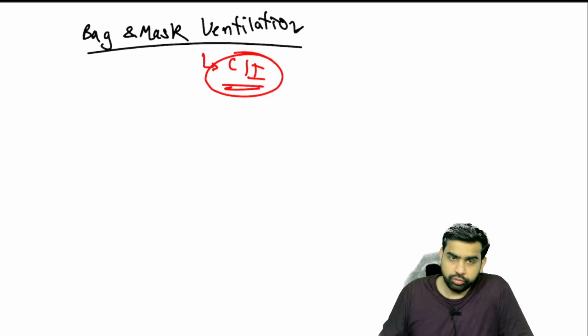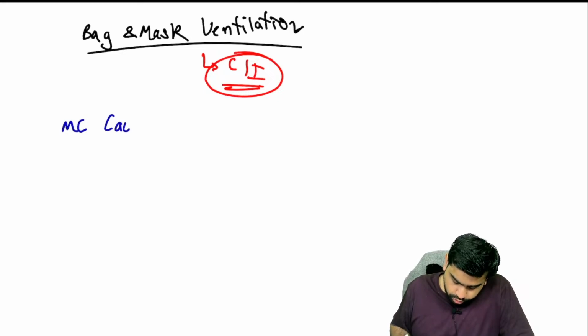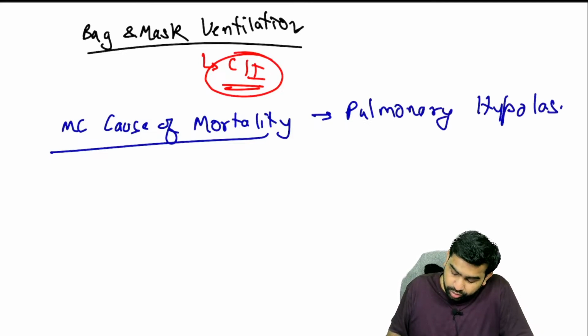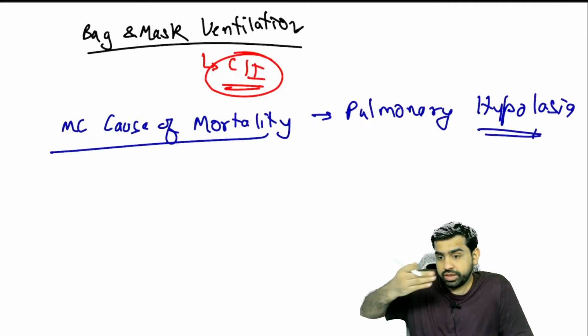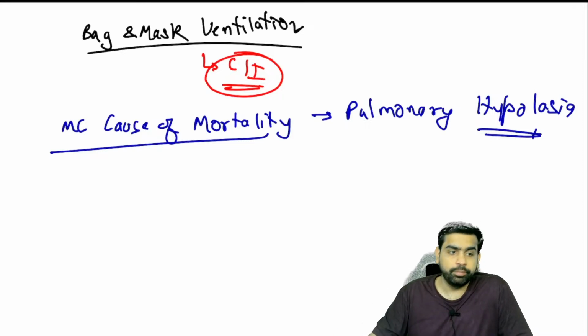Now, the most common cause of mortality in these patients is pulmonary hypoplasia. Because the intestines are present inside the thoracic cavity, they do not allow the lungs to develop in a proper manner.